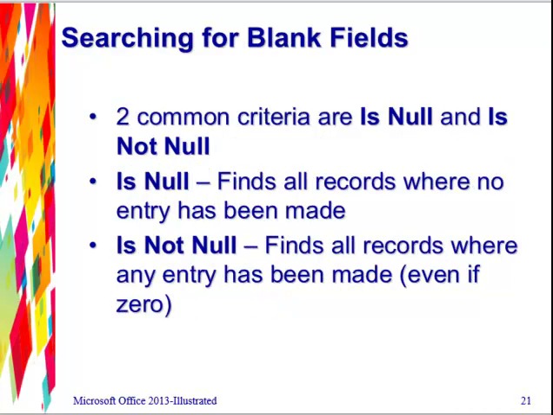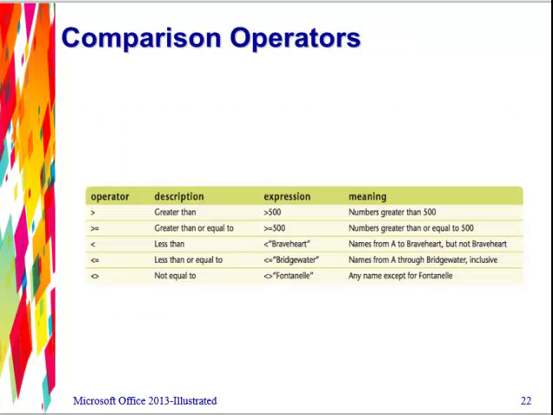Searching for blank fields: if you want to have it look for blank fields in your database, you use the common criteria either Is Null or Is Not Null. Is Null means it's going to find all records that have no entry or no value in it, and Is Not Null means any record that has a value in it is going to be the ones that are looked at.